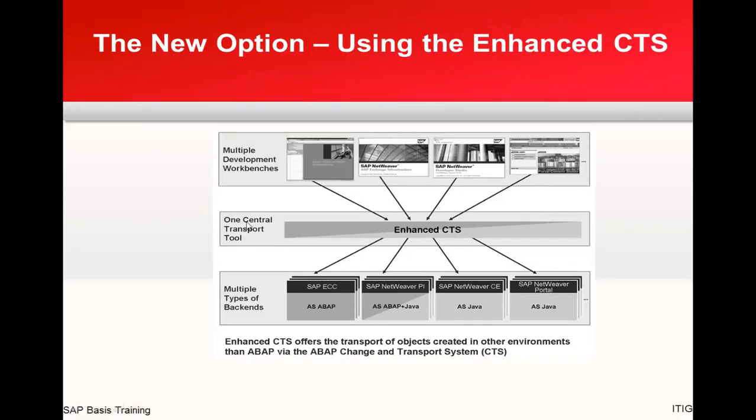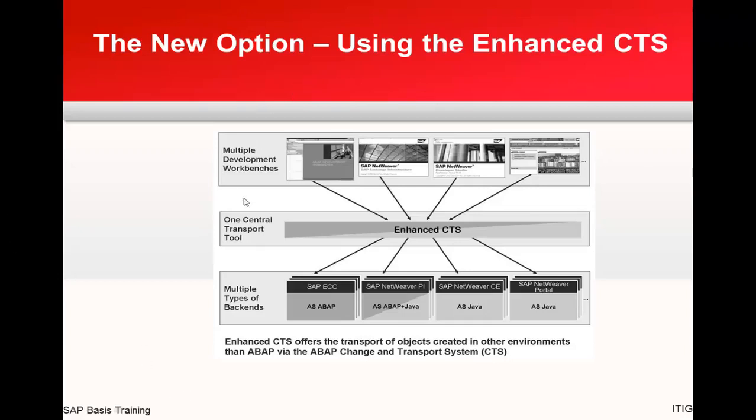Now the new option is CTS Plus, that is enhanced CTS. Enhanced CTS is called CTS Plus because you can transport the non-ABAP things from this system as well. So enhanced CTS offers the transport of objects created in other environments, other than ABAP, via the ABAP change and transport system.